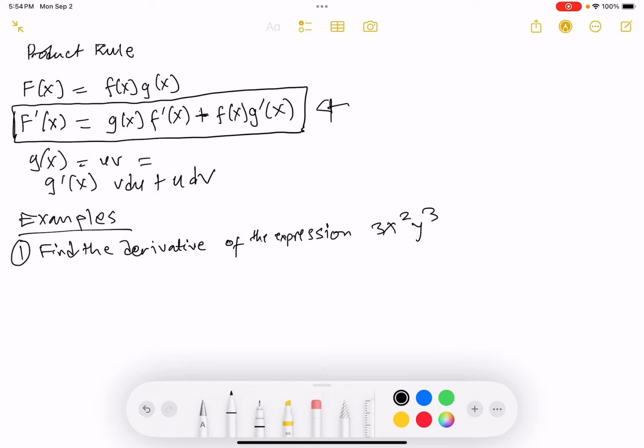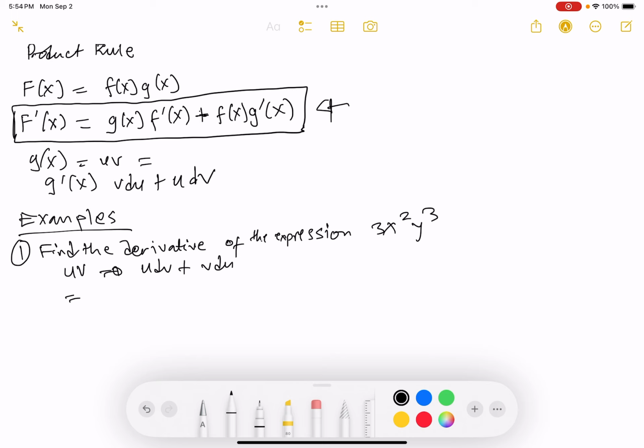Remember from what we said, the derivative of u times v is given by u dv plus v du.